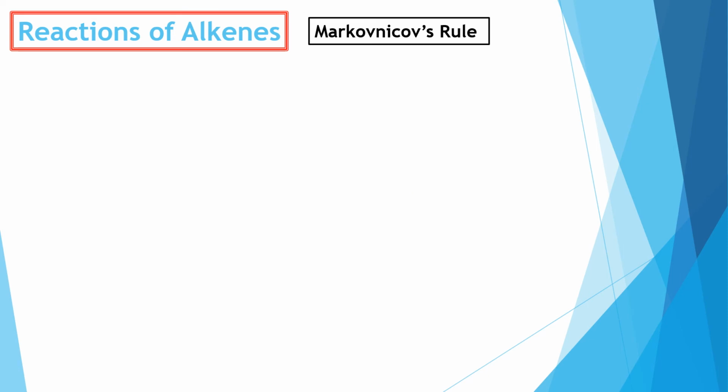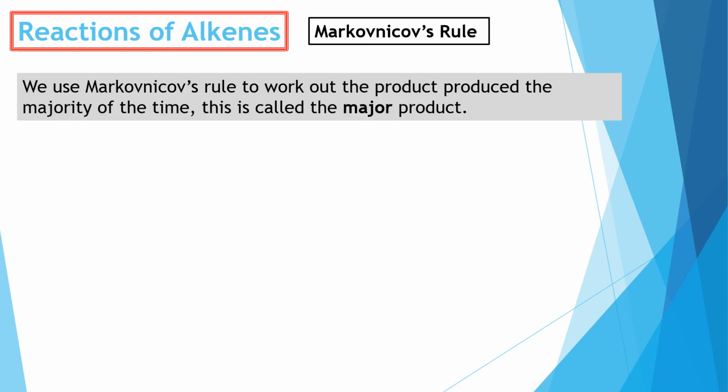Markovnikov came up with a rule to tell us which one of these products is more likely to be made. The product that's more likely to be made is called the major product. Now what actually happens whenever you have an alkene, say in a test tube, or a beaker, or even a bucket of alkene, is you've got trillions and trillions of molecules in there.